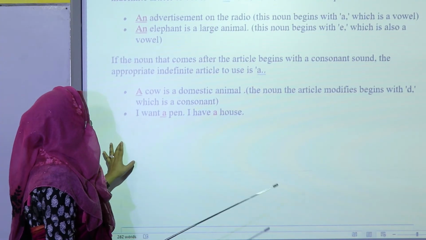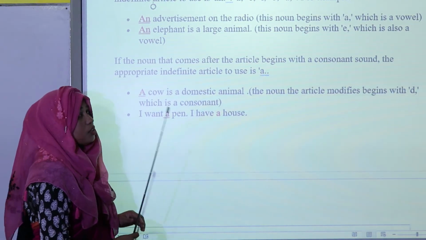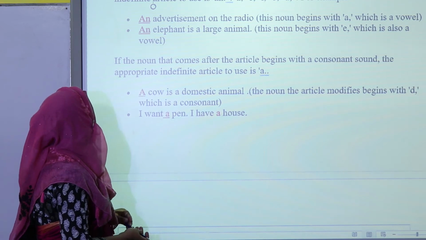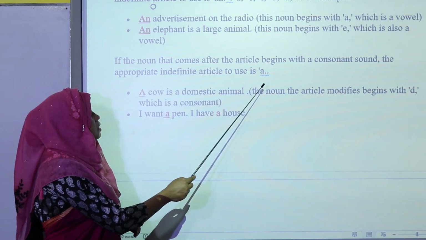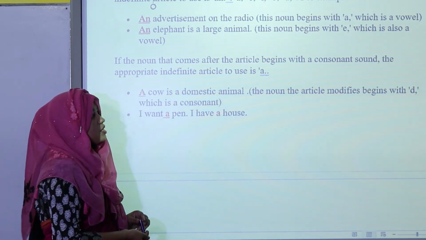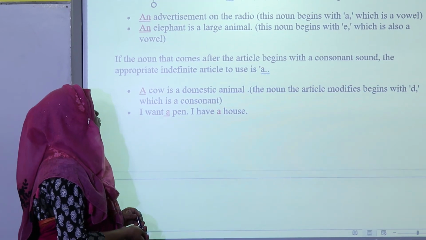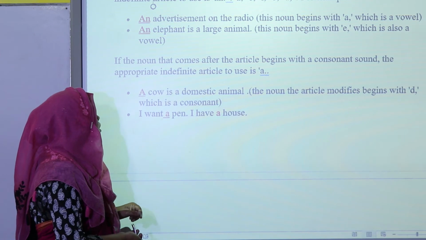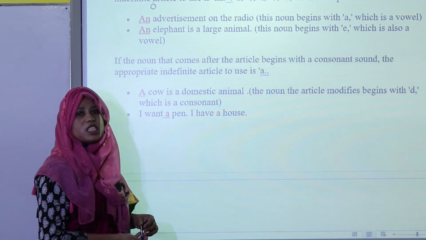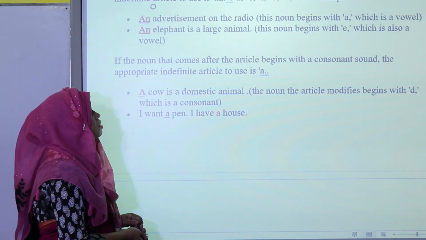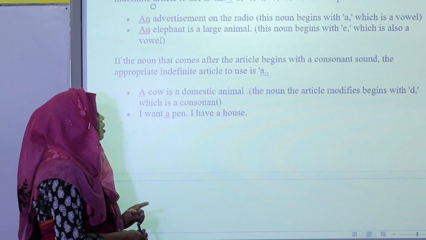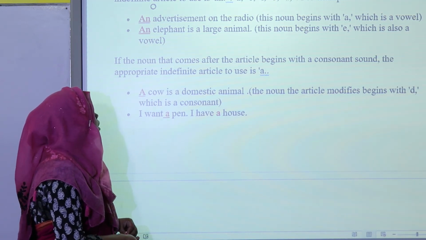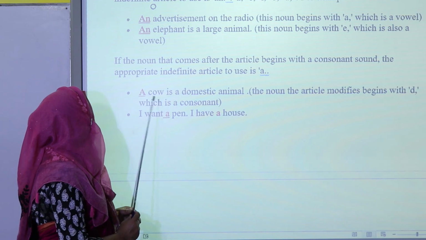Next, my dear students, we give the a. If the noun that comes after the article begins with a consonant sound, the appropriate indefinite article to use is a. It means that the noun's first letter is uttered like a consonant. You know about the consonant? Here are some examples.